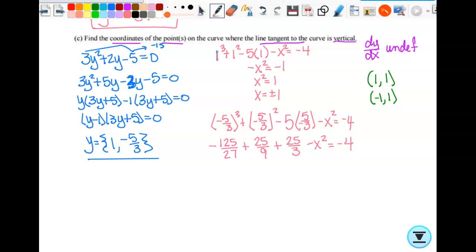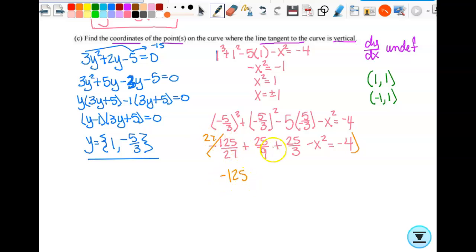Okay, now I would like to clear my fraction here. I could clear my fraction by multiplying everything by 27, right? Do you understand why? Okay, and don't make this harder than it needs to be. When I multiply through by 27, you multiply every single thing. So 27 times the 125, those are just going to cancel out and you'll get negative 125.